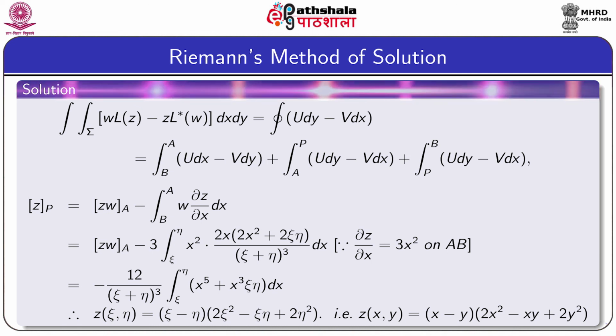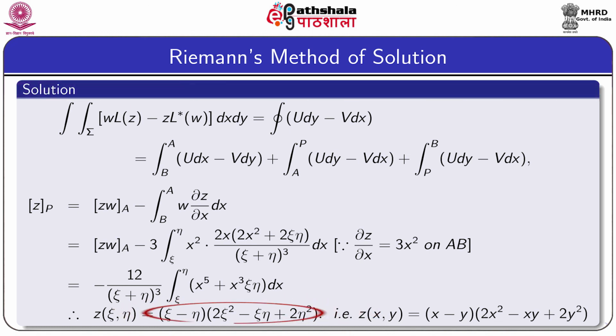So, z at (xi, eta) becomes, after simplification, (xi minus eta)(2 xi square minus xi eta plus 2 eta square). So, z(x,y) equals (x minus y)(2x square minus xy plus 2y square). In this way we can find the solution of a linear hyperbolic differential equation using Green's function.